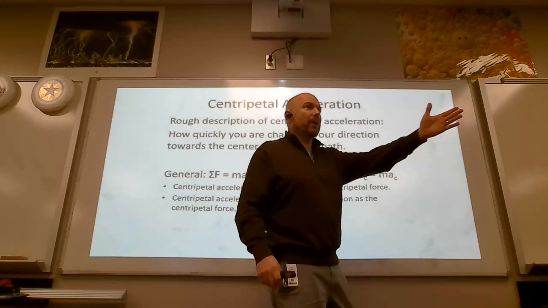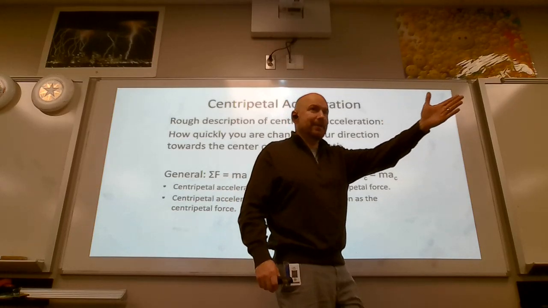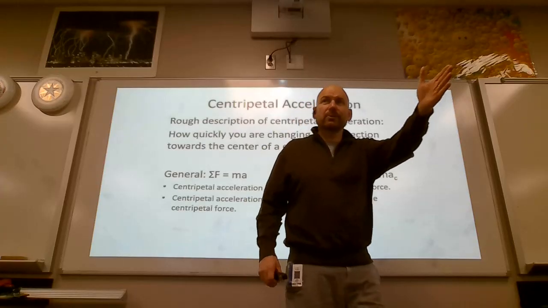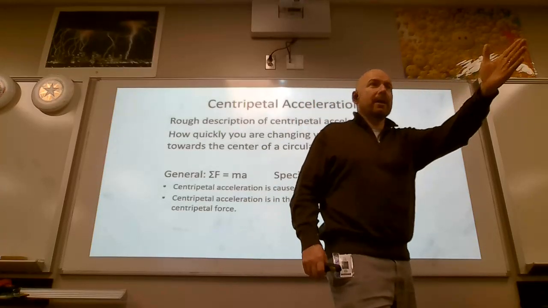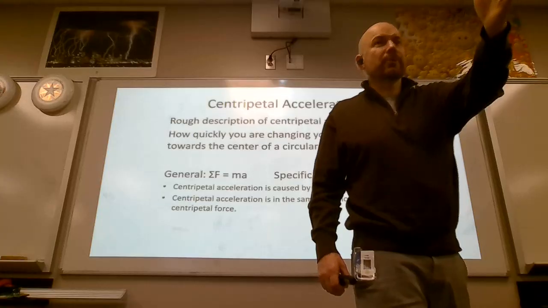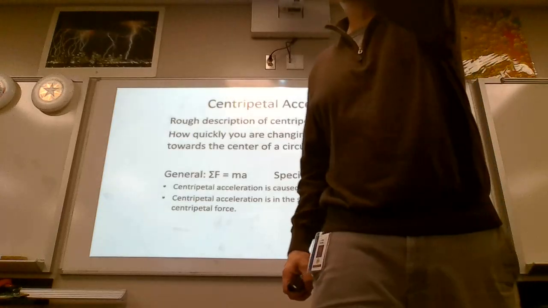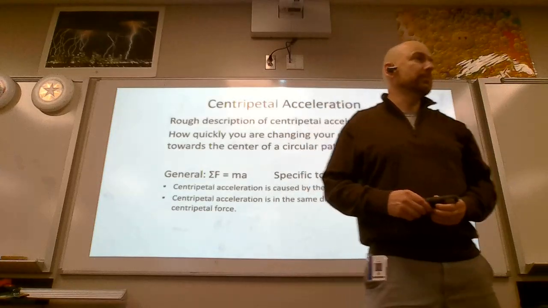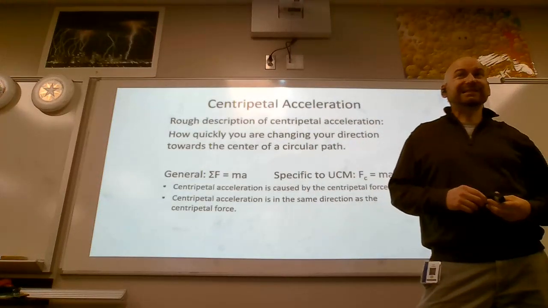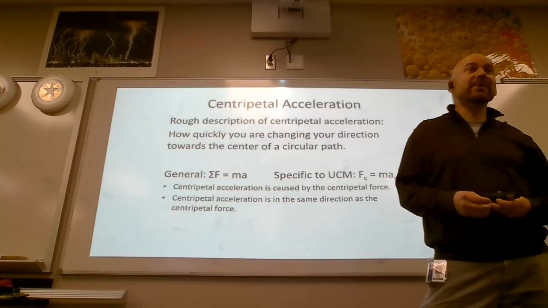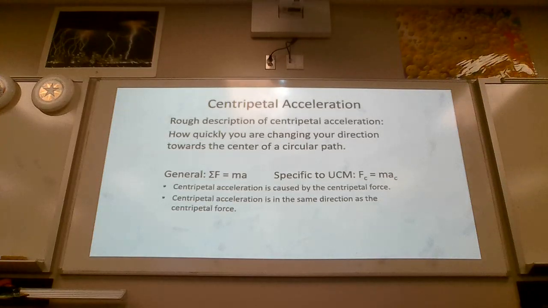How quickly I'm changing my velocity vector towards the center of the circle, we're going to call that centripetal acceleration. It's how quickly I'm changing my direction towards the center of the circle. So we're not changing the speed, but we are changing the direction.